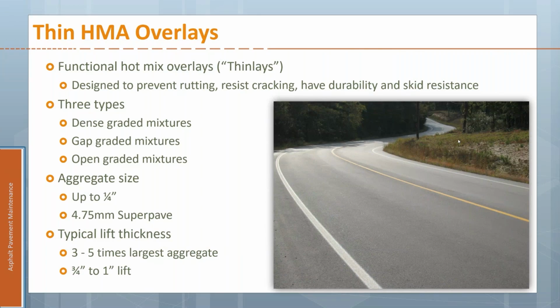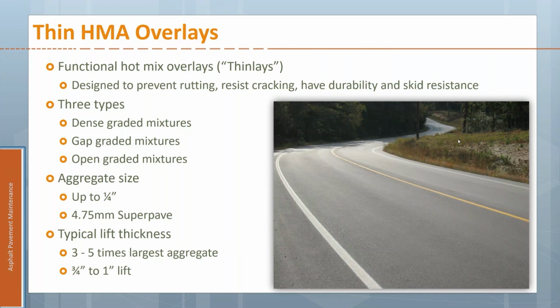Now, where this really comes in as providing us some savings is the lift thickness. When we design an asphalt mixture, we get the best compaction properties when we place it somewhere between 3 and 5 times that largest aggregate. So a traditional mix with ½ inch aggregate, 4 times that is 2 inches. That's why your typical overlays are going to be 2 inches thick.